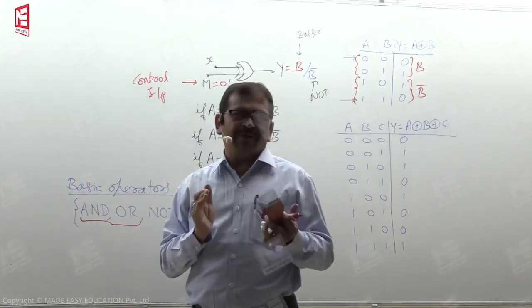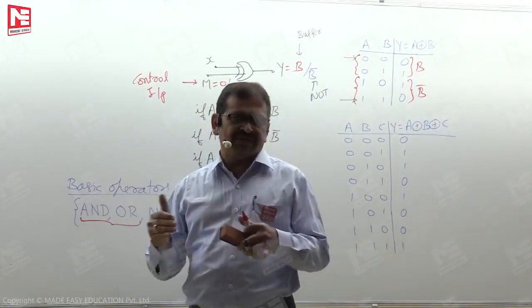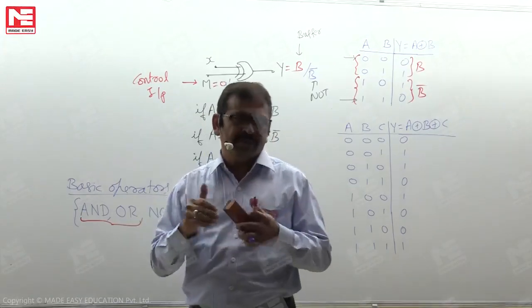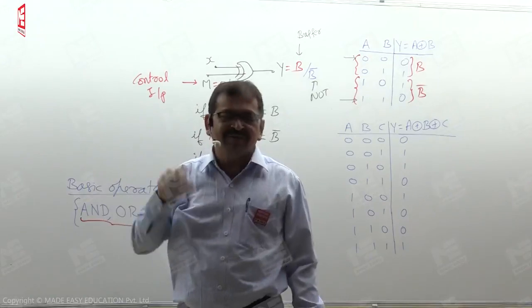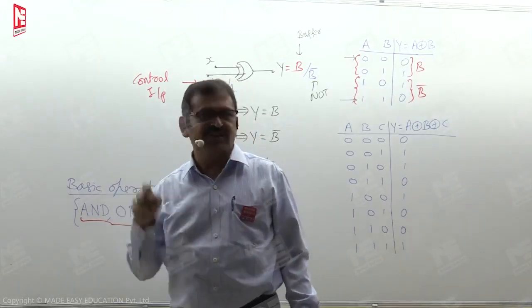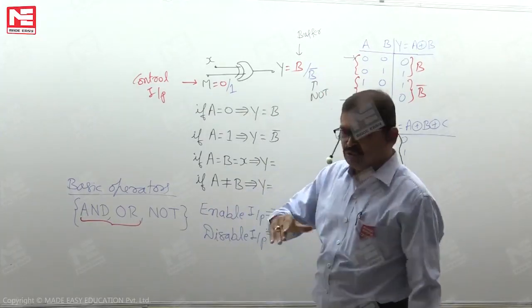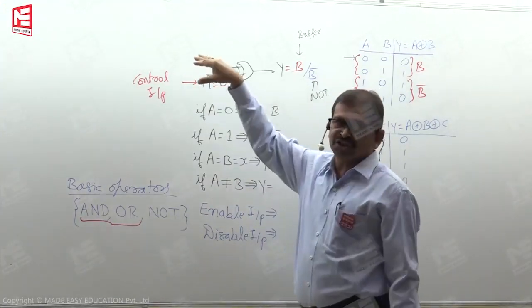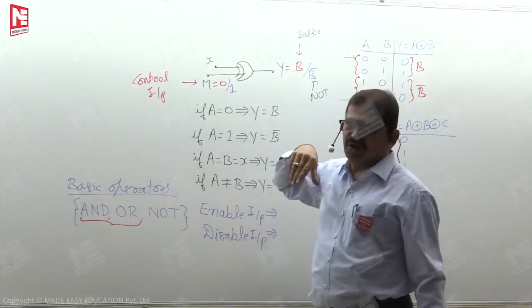With the help of the complement operation, we perform subtraction: A minus B as A plus 1's complement of B, or A plus 2's complement of B. In such operations we use exclusive OR gates. If you remember, okay, otherwise no need to bother. In due course, as we discuss adder subtractors, we will come across how we use this exclusive OR gate there.